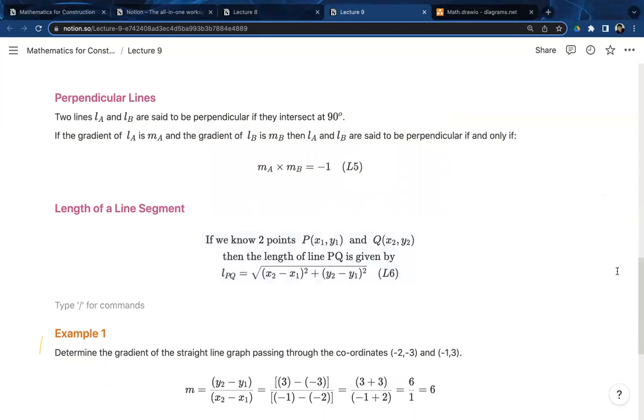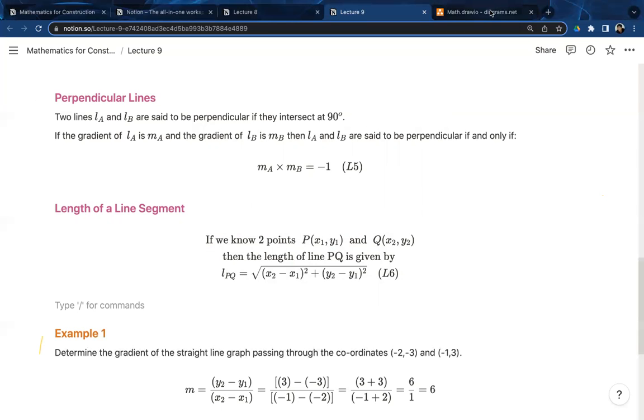So line segments, we could find the length of them. And we use this formula here. The difference of the x values squared plus the difference of the y values squared, and then you square root all of that. Okay, and this really is Pythagoras' theorem under the hood, right?